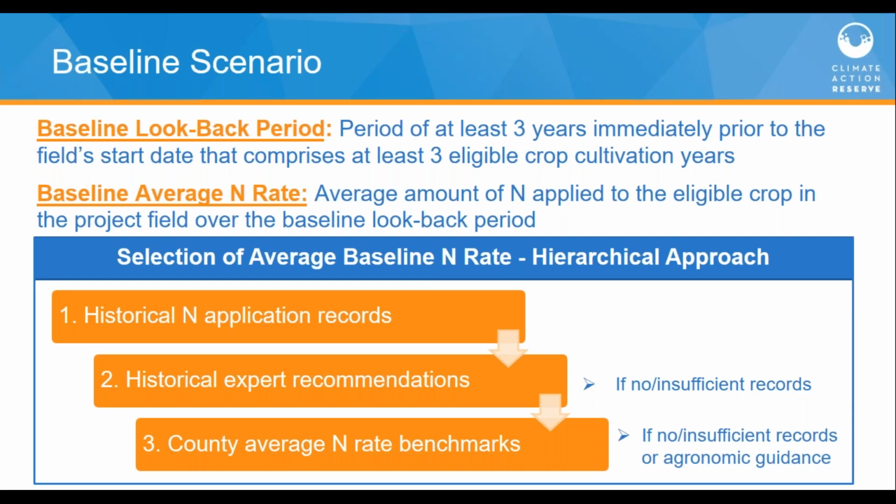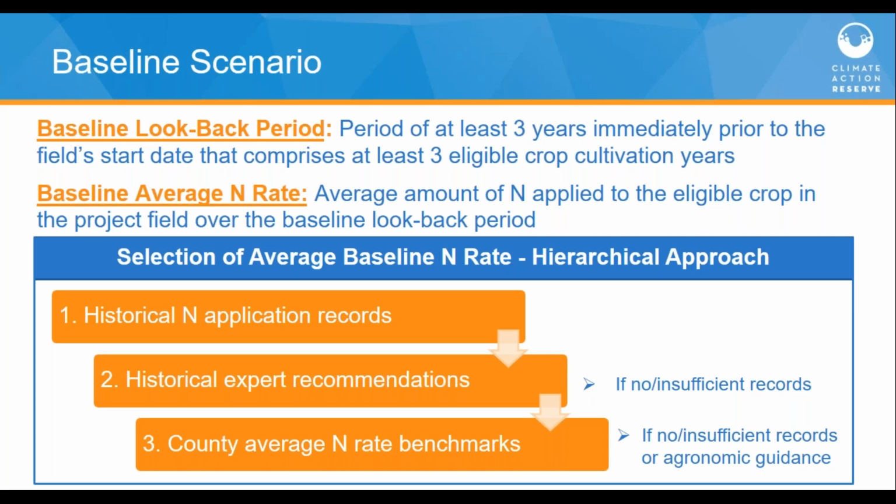So the 2 backup options we have here, and this is a hierarchy approach. The second option, in the event that historical application records are unavailable or insufficient, is that historical expert recommendations could be used. So if a grower has sought agronomic guidance in the past, any N rate recommendations that the agronomist or crop advisor has recommended could be used to set your baseline.